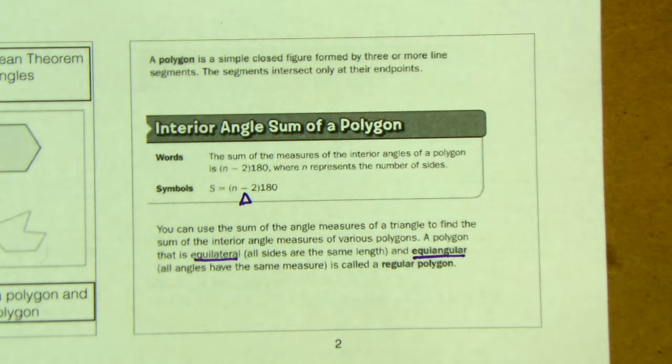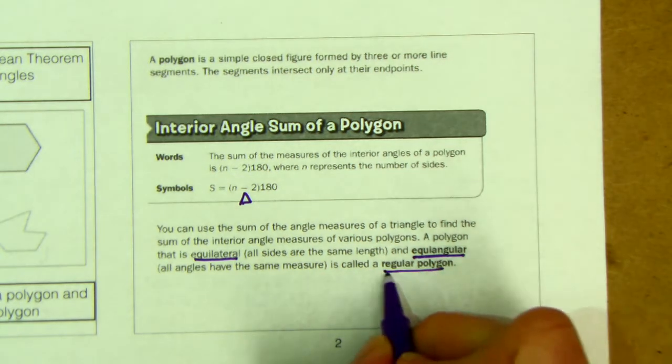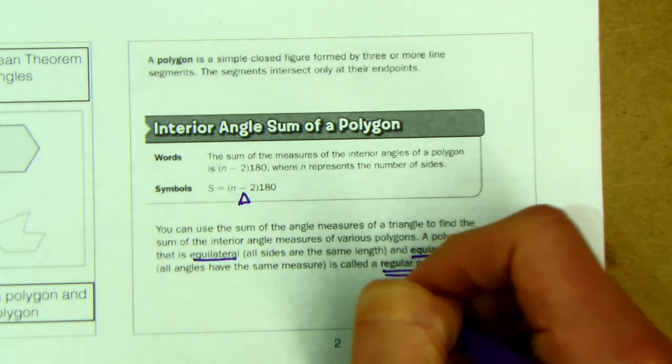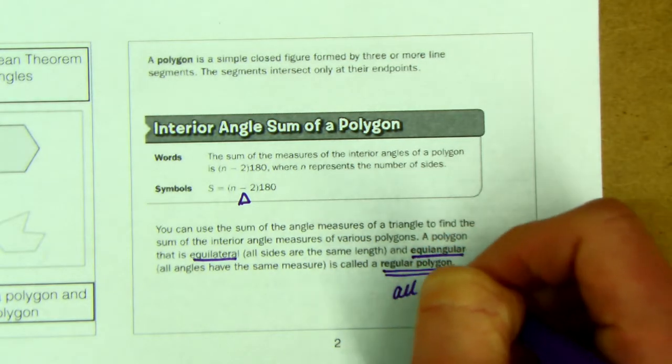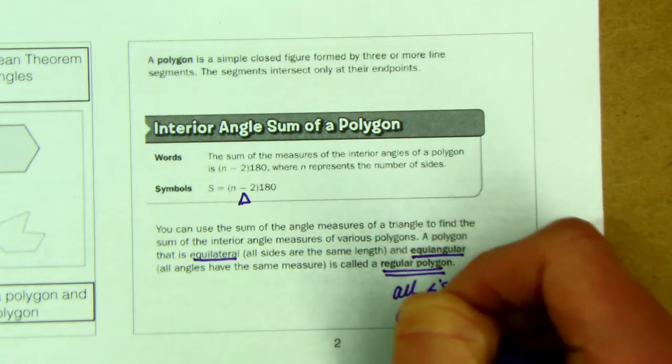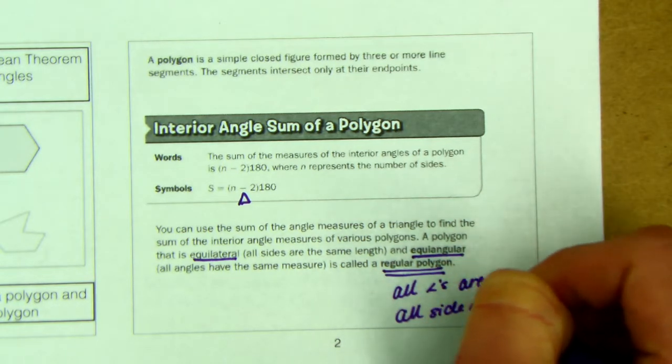If all sides and all angles are equal, then it is a regular polygon. So when I use the term regular, or when your worksheets or your book uses the term regular, you can assume all angles are congruent and all sides are congruent.